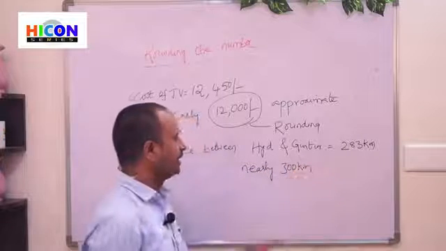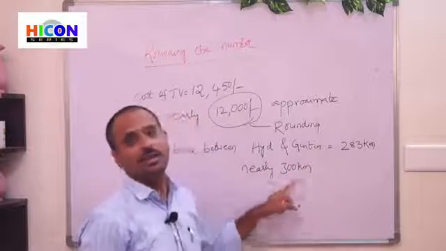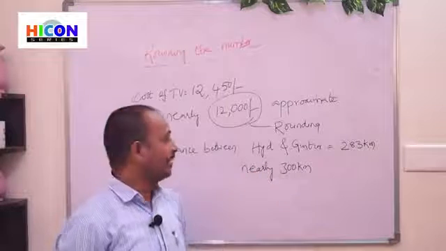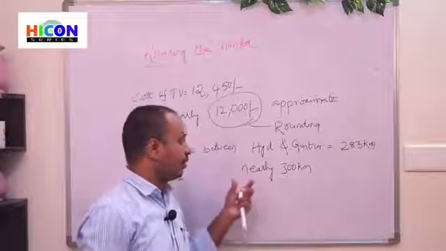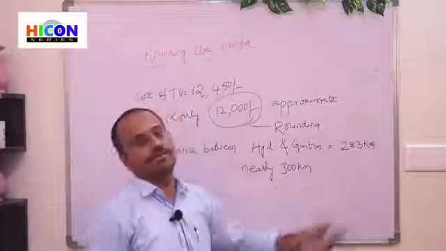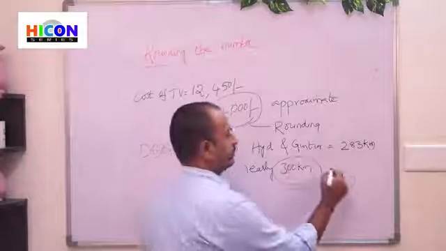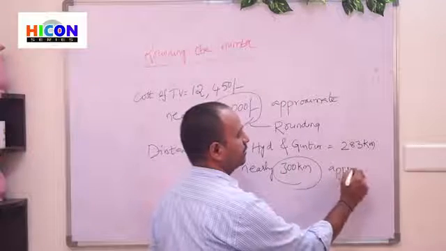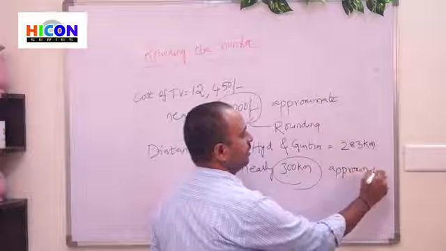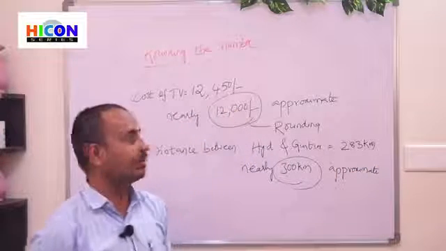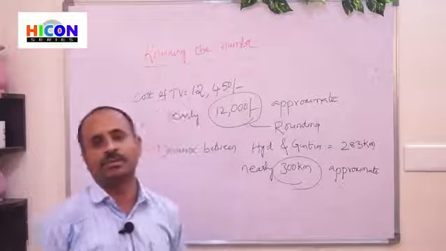That means it is not the exact value, but we have set an approximate number for the given value. This approximate value of the given number is called rounding the number.